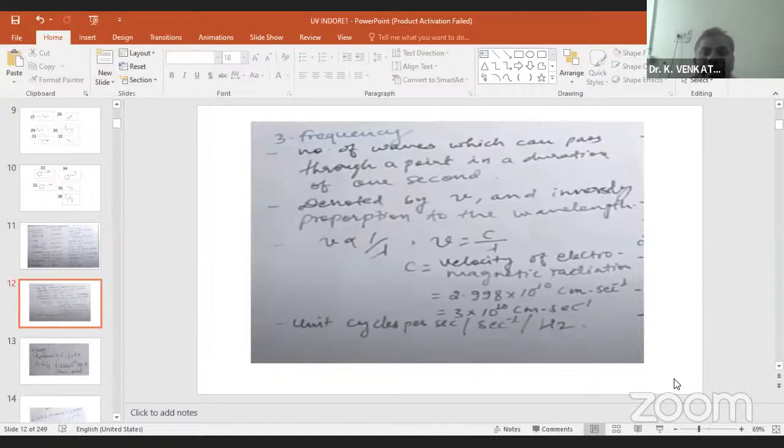It is denoted by mu and is inversely proportional to the wavelength.